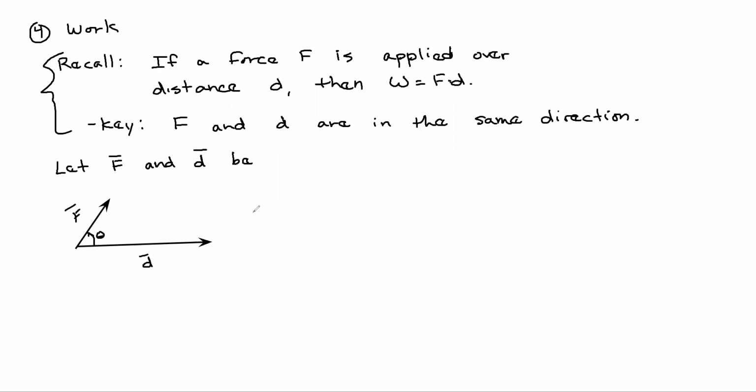Okay, so in order to go through and calculate work, what we need is we need the two of these to align. So let's just go through and say, to calculate the work, F and D need to be in the same direction.